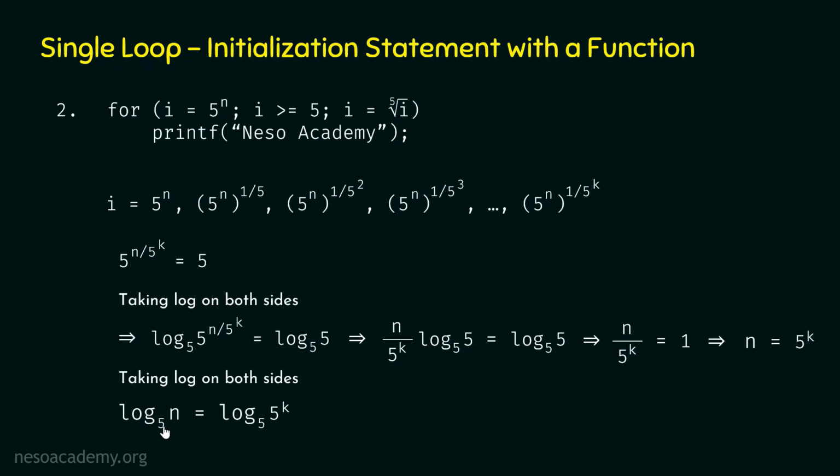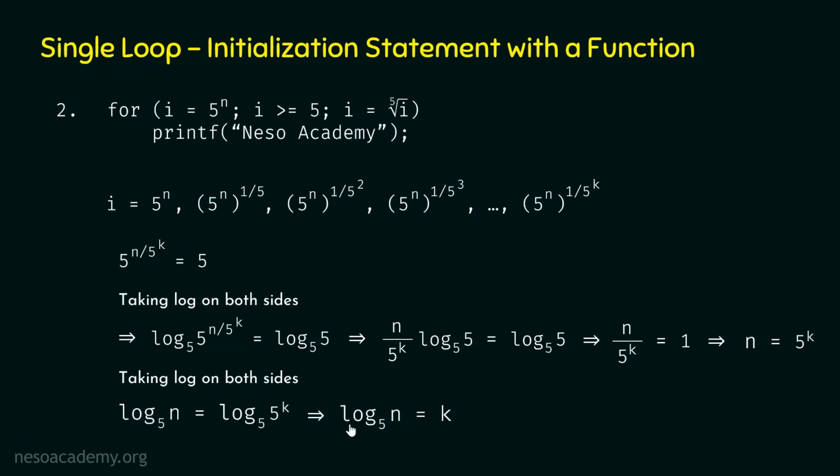Again, we can apply the same property of logarithm, log a power b base c, which is equal to b times log a base c. So here we will get k times log 5 base 5. So this equation can be rewritten as log n base 5 equal to k. So the value of k is log n base 5.